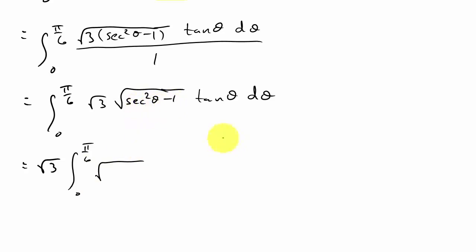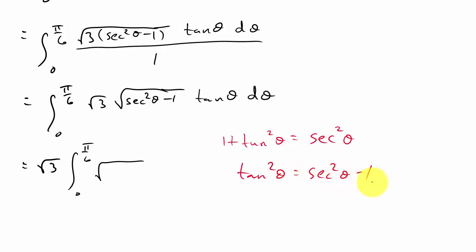Well, if you recall, 1 plus tangent squared theta is equal to secant squared theta. So if I move the 1 over, I get tangent squared theta equals secant squared theta minus 1. Okay. Alright, so let's replace secant squared theta minus 1 with tangent squared theta. So that's tangent squared theta times tangent theta d theta.